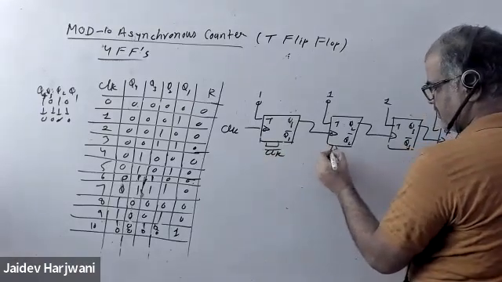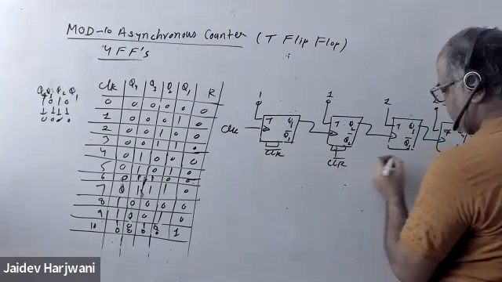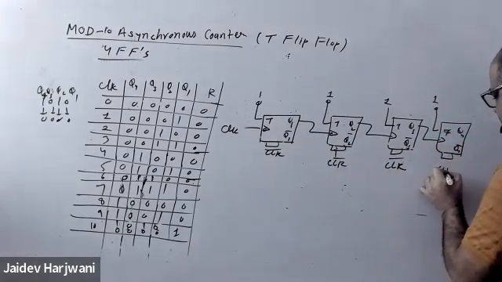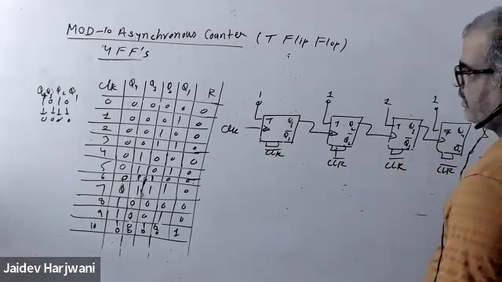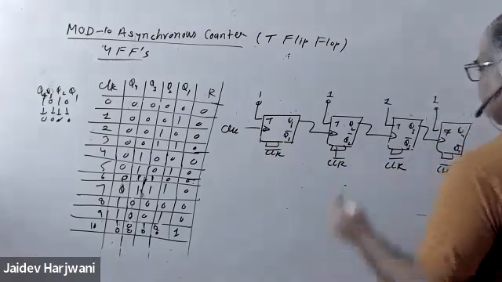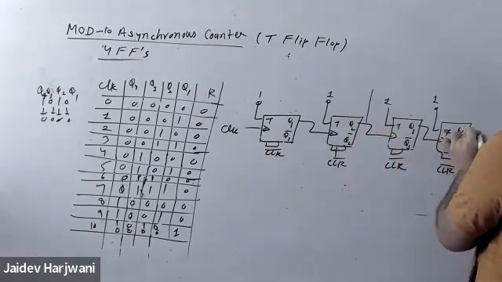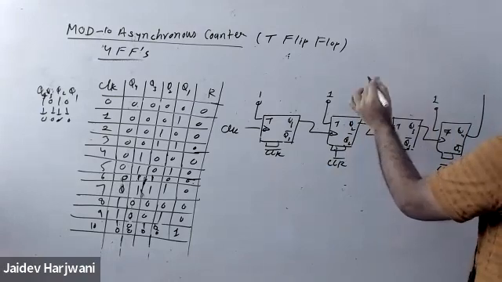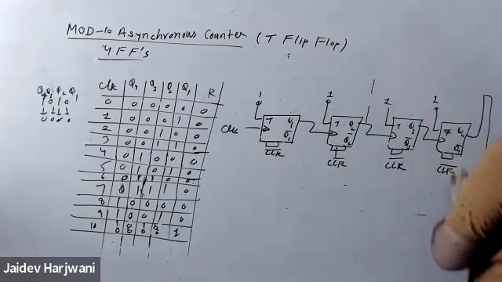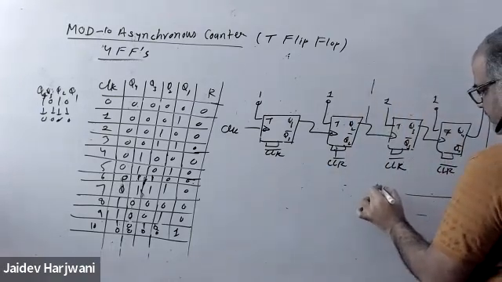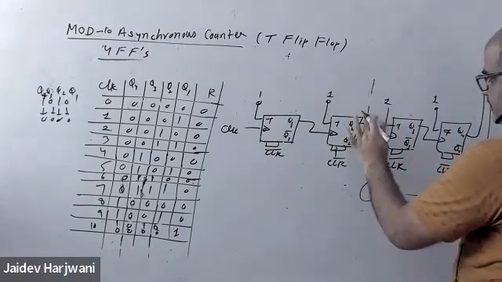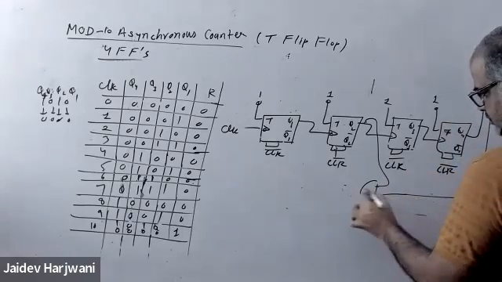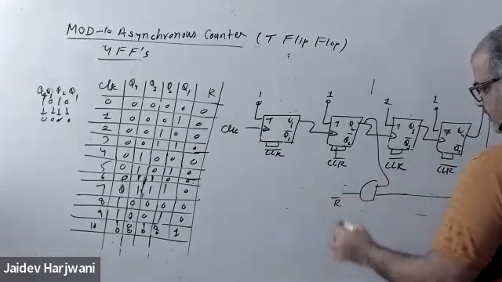Okay, now you have clear bar, asynchronous input, clear bar. This is your clear bar. This is your clear bar. Okay, now you want Q2 Q4. Okay, so take Q2 and Q4 and take a NAND gate. Here you can take Q2 and Q4. R bar will come.